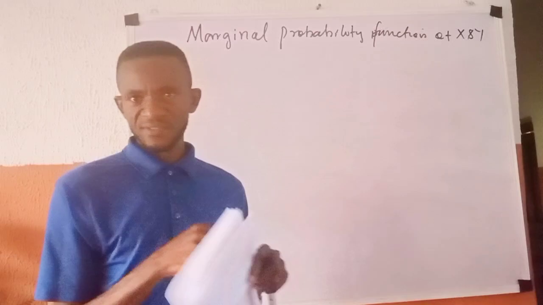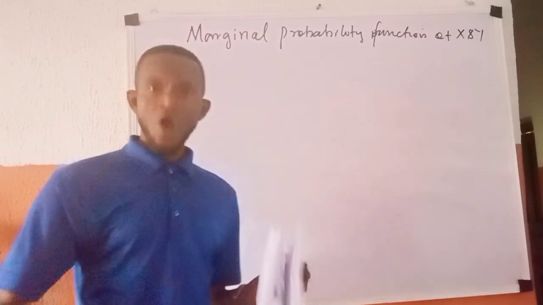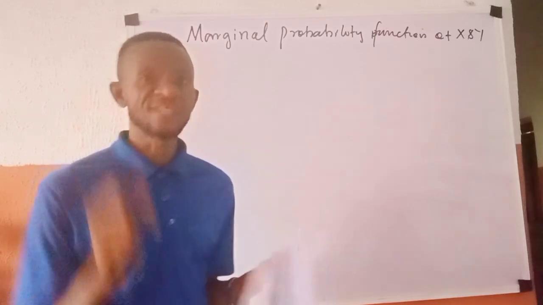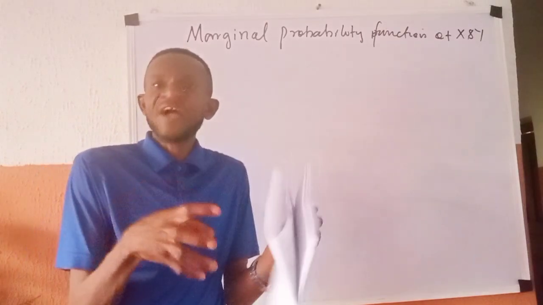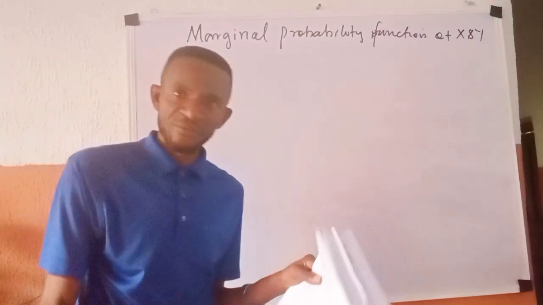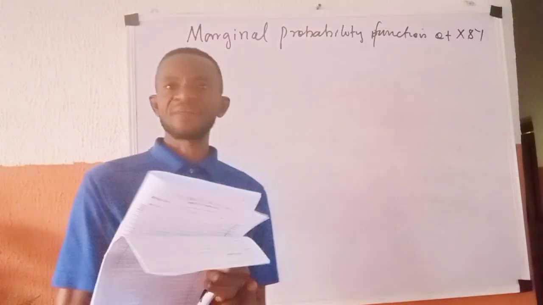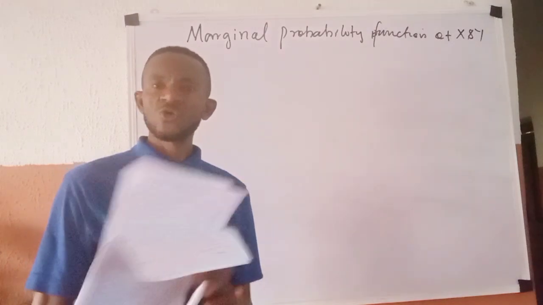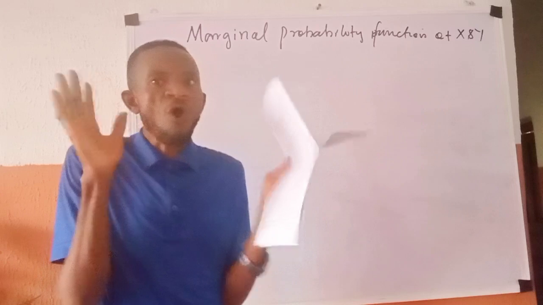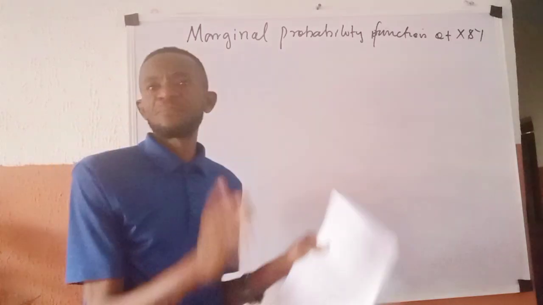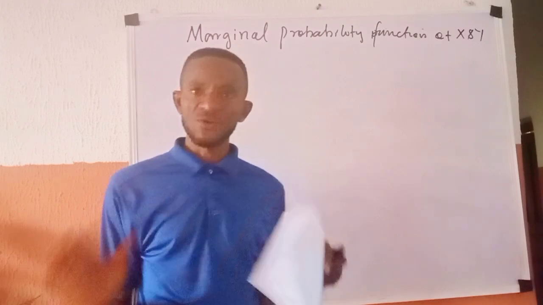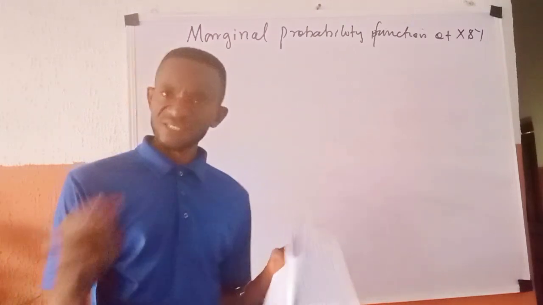Of x, or evaluating the probabilities of y individually, irrespective of the fact that both of them occur in a bivariate random variable. That's what we mean by marginal distribution. Obtaining the probabilities of x as if it were x occurring all alone, and obtaining the probabilities of y as if it were y occurring all alone. That's what we mean by marginal distribution.